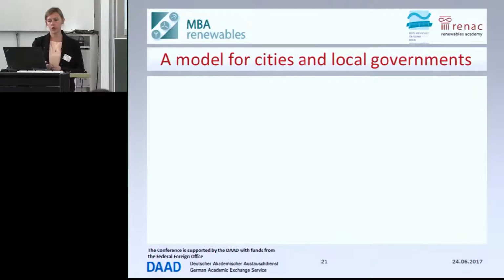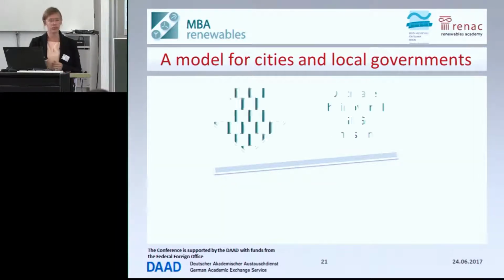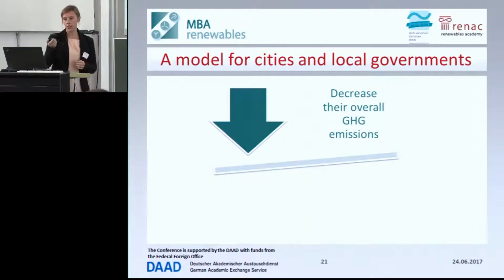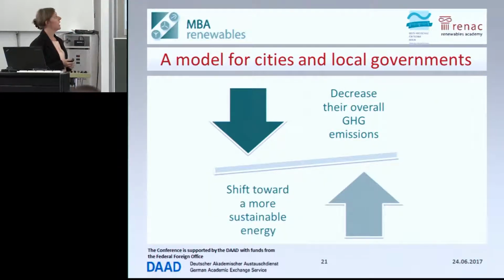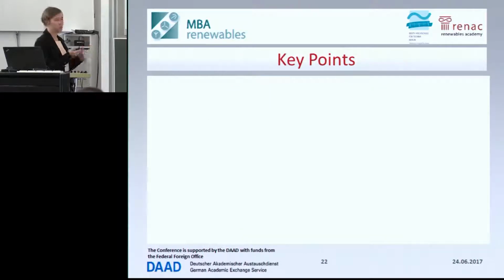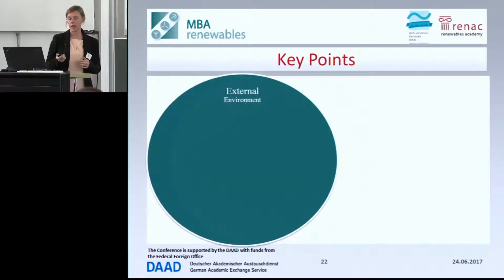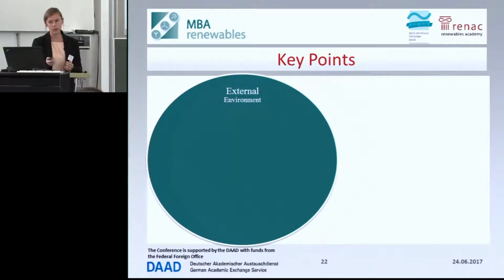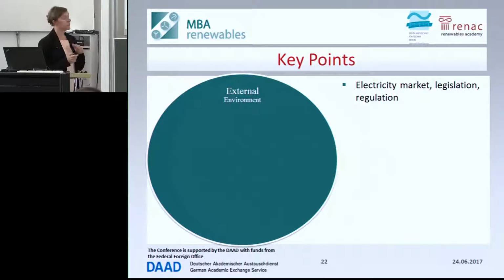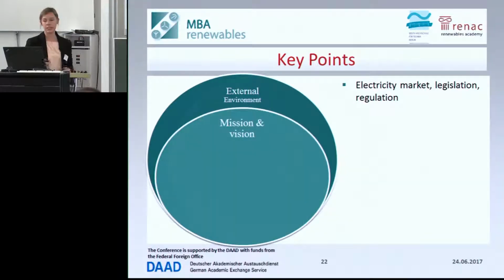Some conclusions. CCE is a model for cities and local governments to significantly decrease their greenhouse gas emissions and shift toward more sustainable energy. Key points: when a city wants to set up a community choice energy, it's very important to analyze the external environment in terms of electricity market, legislation, regulation, competitors, and so on.